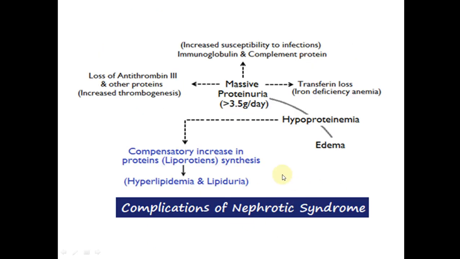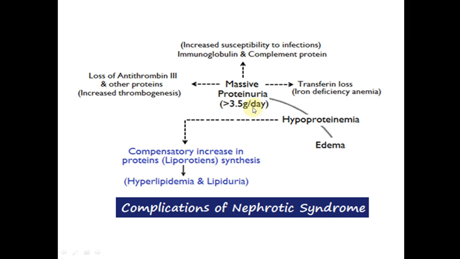Now, let us simply explain some of the many more complications of the nephrotic syndrome. As I said, in nephrotic syndrome, there is increased proteinuria, more than 3.5 grams per day.